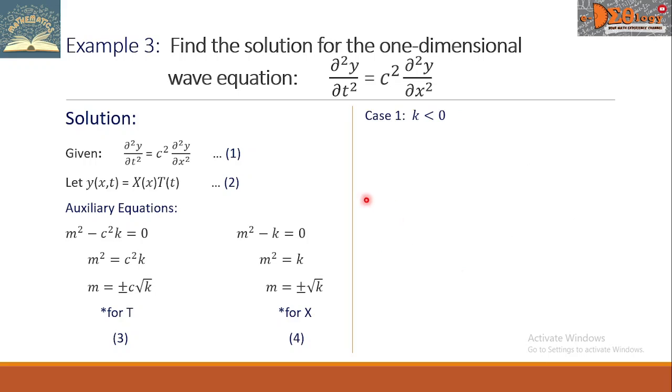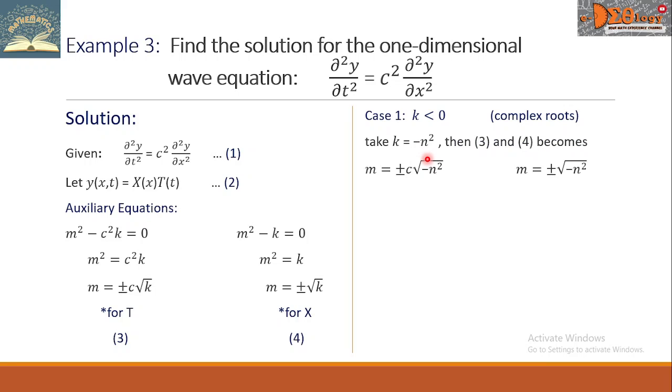Now let us show case 1, and that is when the value of k is less than 0, meaning k is negative. In that case, we expect complex roots. Since k is less than 0, we can show that k is equal to another variable, negative n squared. If that happens, equation 3 becomes m equals plus or minus c times the square root of negative n squared.